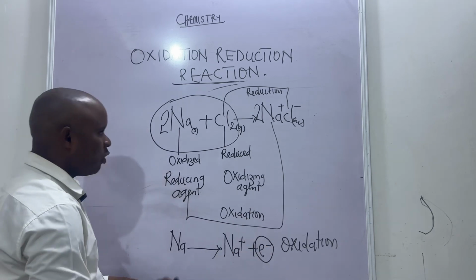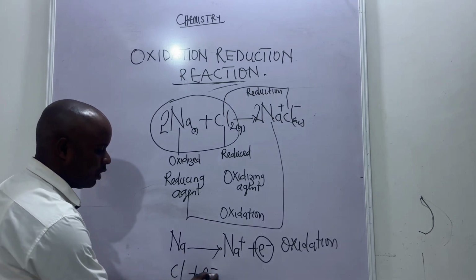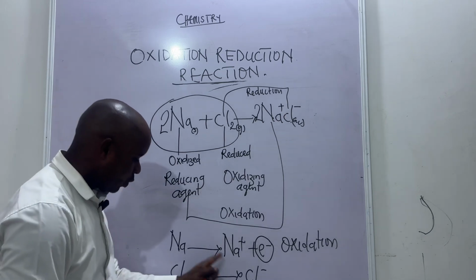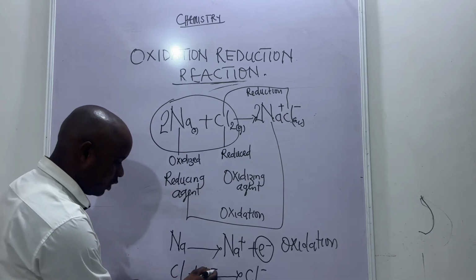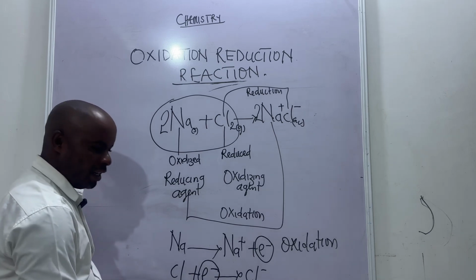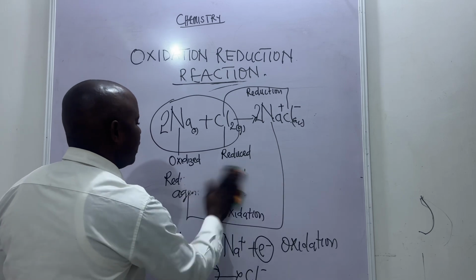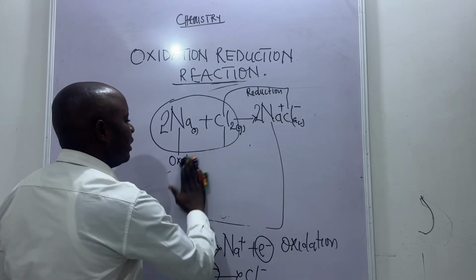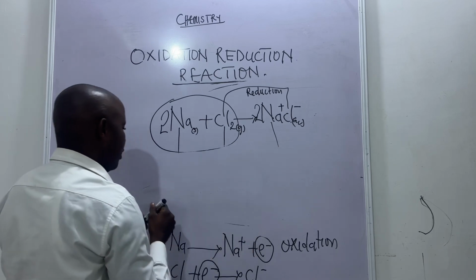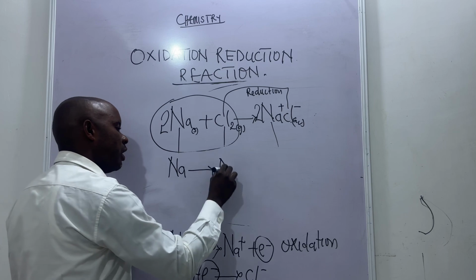Oxidation reaction. So we said chlorine, when it acquires an electron, turns to what? Negative chloride. So by so doing, if we should have a simple illustration, if we should have this electron at the left hand side, let me emphasize this properly.